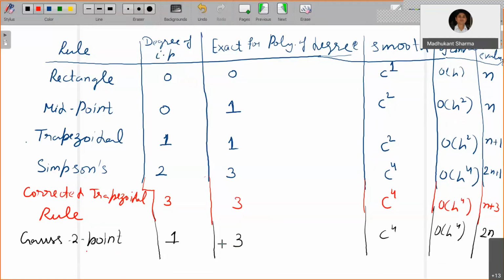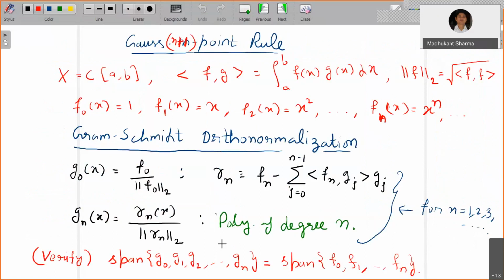So let's look at the Gauss n plus 1 point rule. Like we have done for the Gauss 2 point rule, we constructed a set of functions which are orthonormal, meaning that if you take any two different ones, their inner product is 0, and if you take the same one, its inner product with itself is 1.